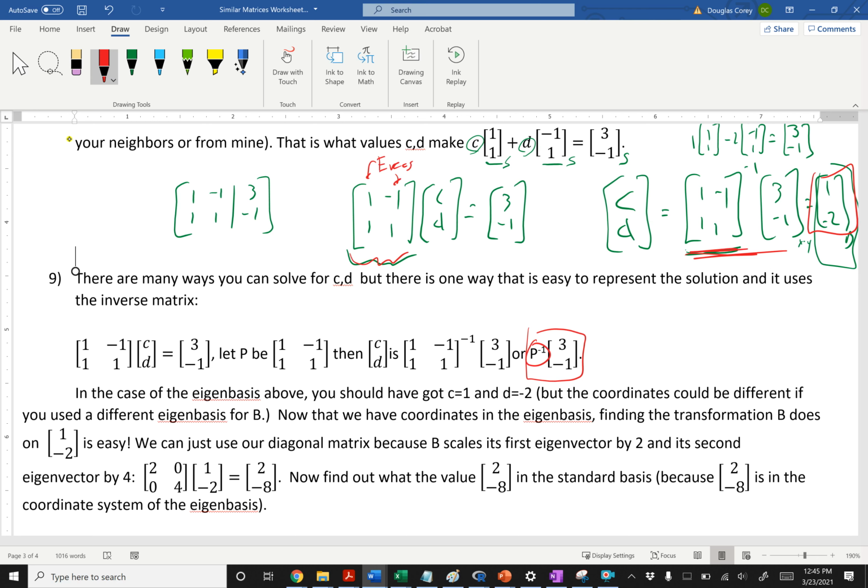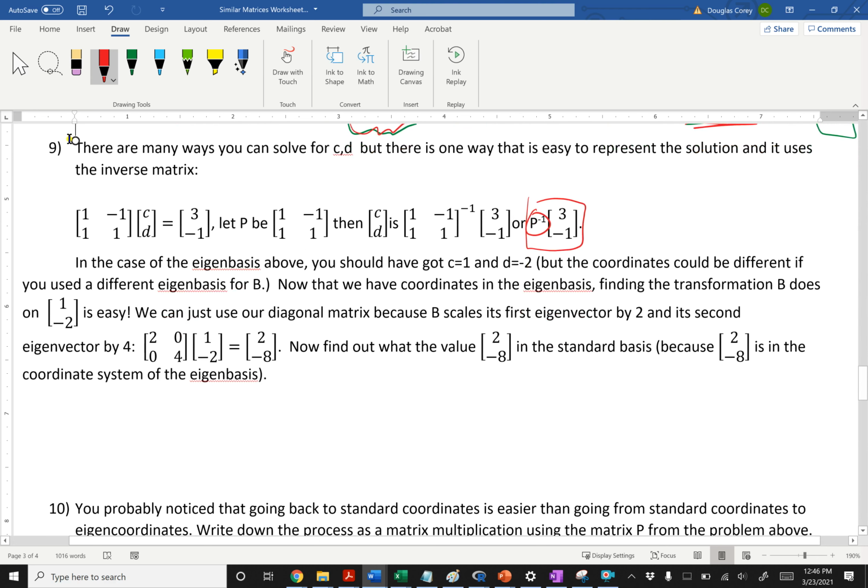But this is the first place we see this inverse coming up. We have a matrix here that we'll end up calling P, and it's our eigenvectors, and then we have the inverse matrix, and we use that inverse matrix to transform from standard basis to coordinates in the eigenbasis.